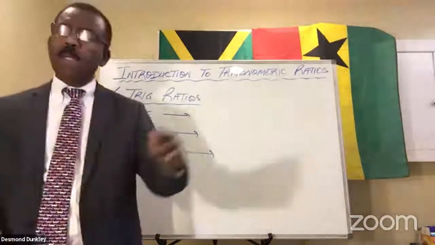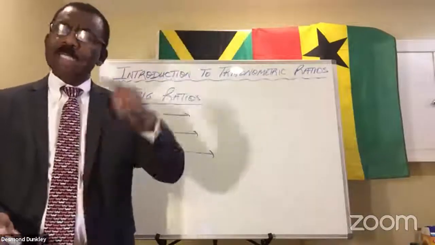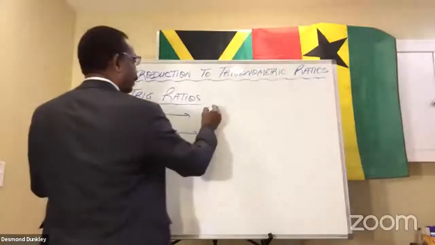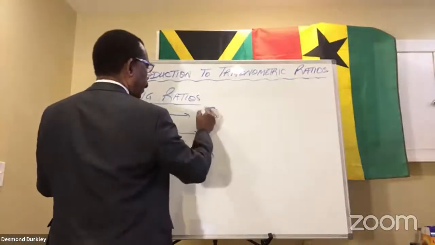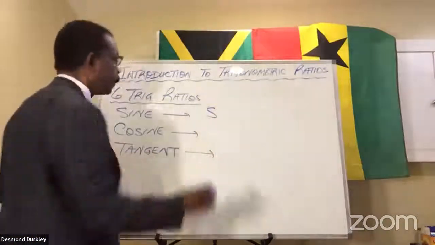Then you have the reciprocal, that is 1 over sine is cosecant.